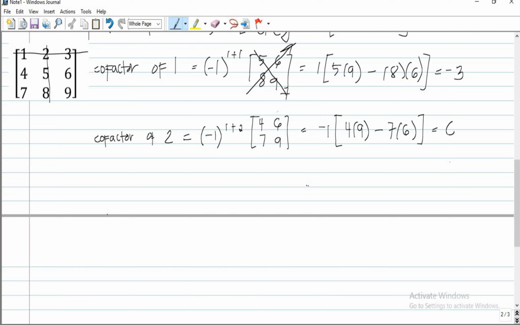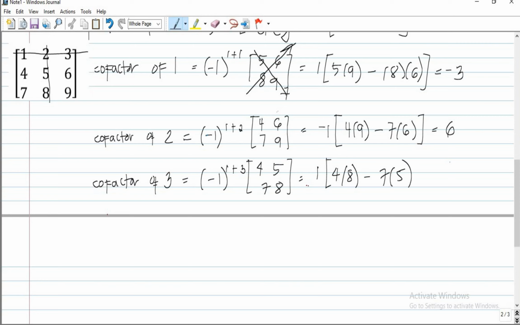This is equal to 6. Nasusundan ba? Cofactor of 3 is equal to negative 1 raised to 1 plus 3. That is 4, 5, 7, 8. It's equal to 1 multiplied by 4 times 8 minus 7 times 5. And this is equal to negative 3.